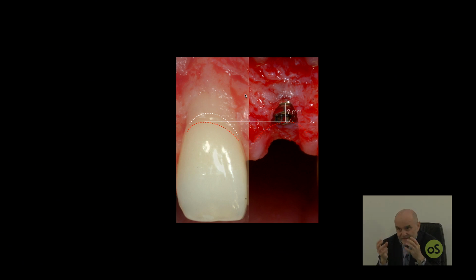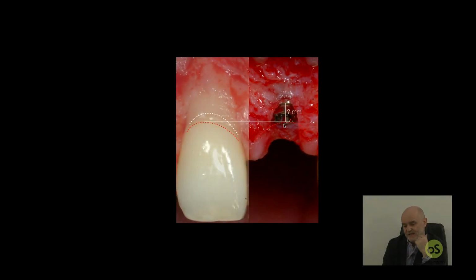And this is something that we can discuss a lot, but I have to tell you that there is quite, let's say, agreement also in the literature that the distance between the soft tissue margin and the head of the implant should be at least 3.5 millimeters in order to give at the same time a good emergence profile in apicocoronal dimension and at the same time a palatal positioning of the implant that gets out almost at the level of the palatal cingulum of the tooth in order to leave enough bone at the buccal aspect of the implant and so not to have any bone dehiscence at the buccal aspect without the need to go too much palatally, which creates the condition of not a good emergence profile in the buccal lingual dimension.